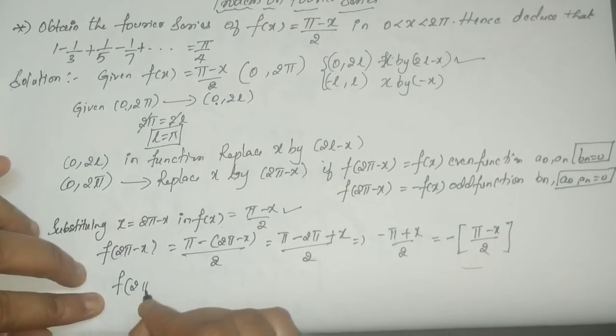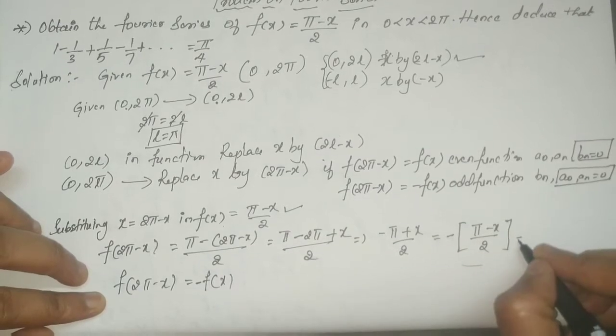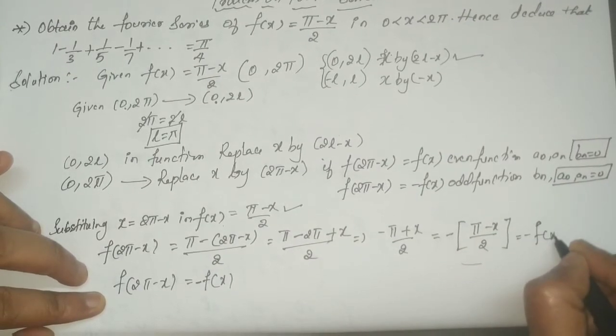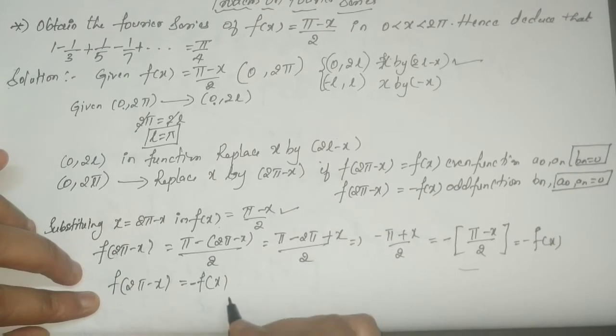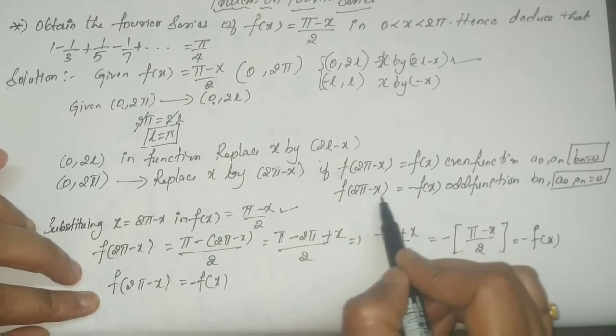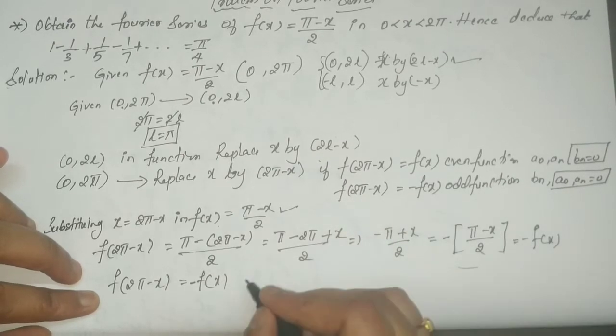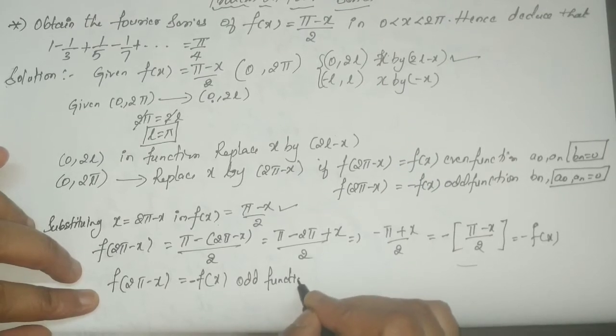You can see this term is nothing but the given function. So f of 2 pi minus x, I have got it as minus f of x because this is minus of the given function. So the condition is f of 2 pi minus x is minus the function, then we say it is an odd function.